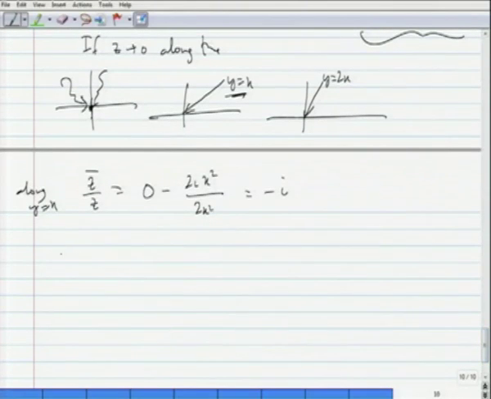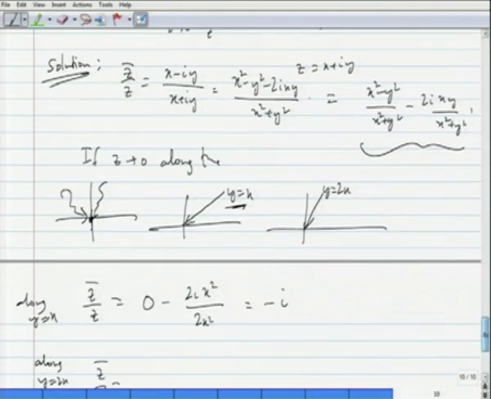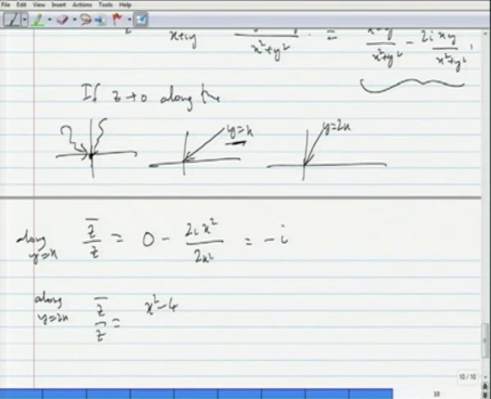Whereas along y equals 2x, z bar by z is equal to, if I put y equals 2x, I get x squared minus 4 x squared divided by x squared plus 4 x squared, which is 5 x squared, minus 2 i times 2 x squared divided by 5 x squared, which gives me minus 3 by 5 minus 4 i by 5.